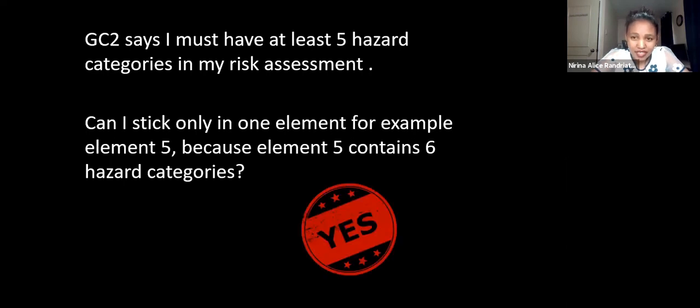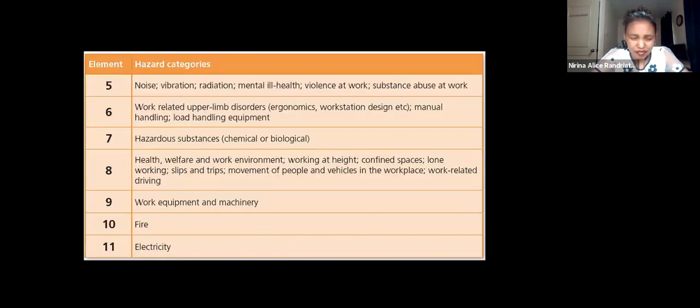The requirement says you need to mention at least 10 hazards, and those 10 hazards should cover at least 5 categories. If you look at the different types of categories from element 5 to element 11, these are the list of categories. This table was taken from the NEBOSH IG2 guidance.